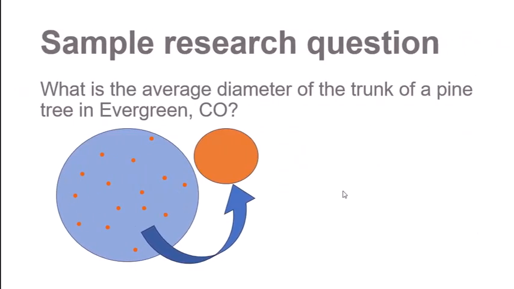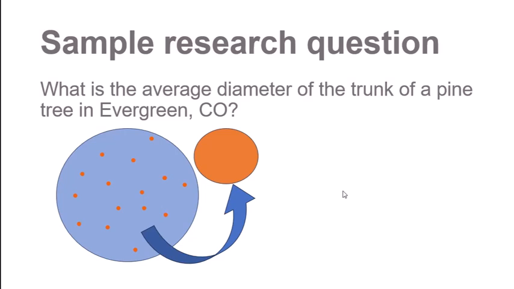And the main idea of this sort of statistics is we look at a population we're interested in, like all pine trees in Evergreen, we select a sample, and then we measure or collect data on that sample, so measure all the diameters of those pine trees, and then calculate our statistic, the average diameter.